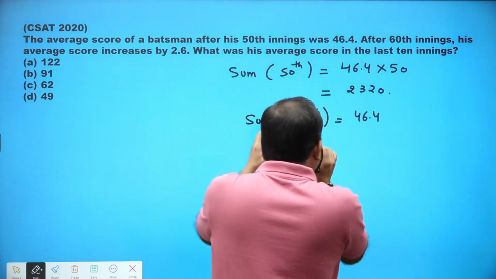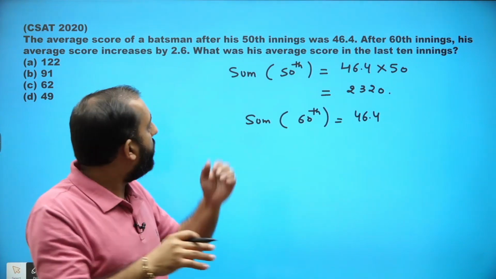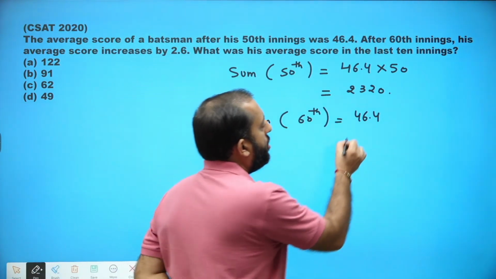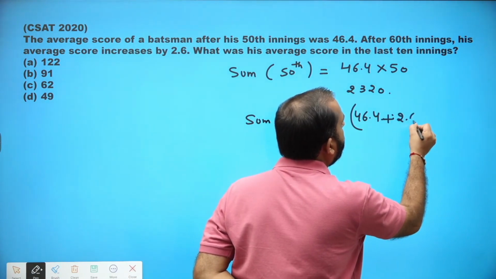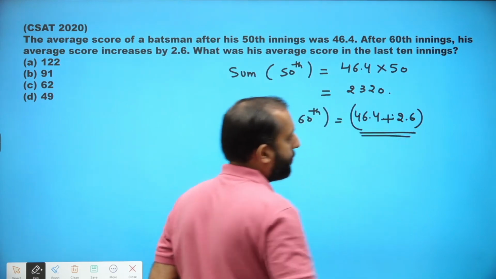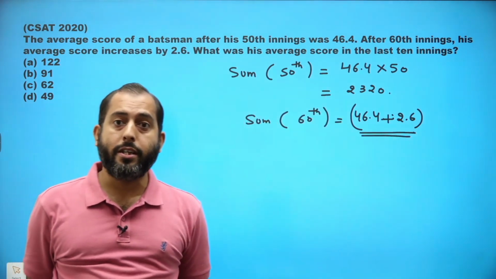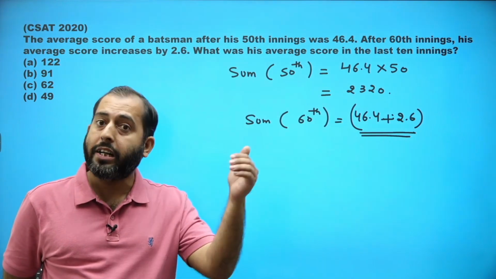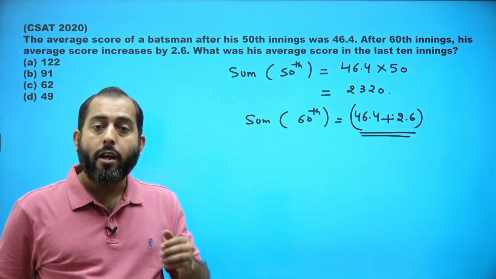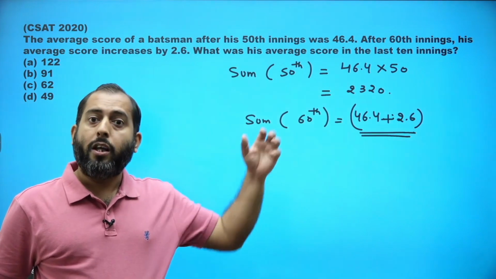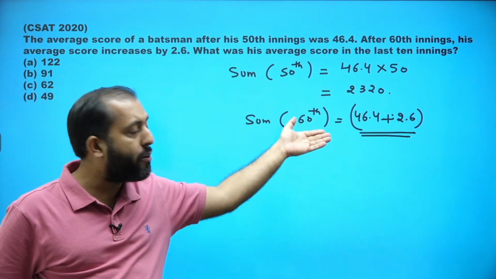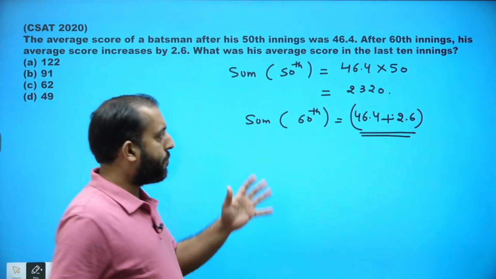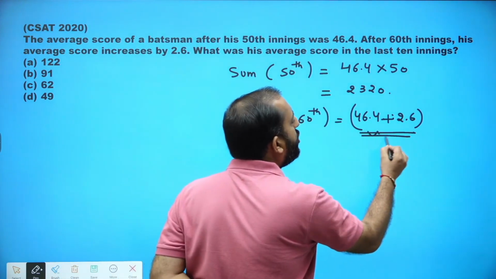Now it becomes 2.6 more, so the new average will be 46.4 plus 2.6. Because after the 60th inning his average score is increased by 2.6, his new average should be the old one plus 2.6. So this is the new average.